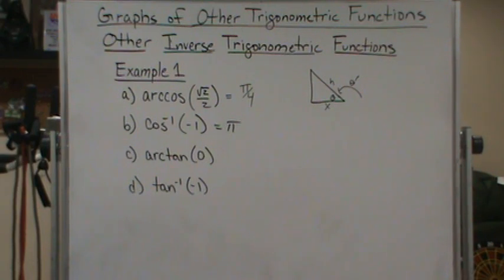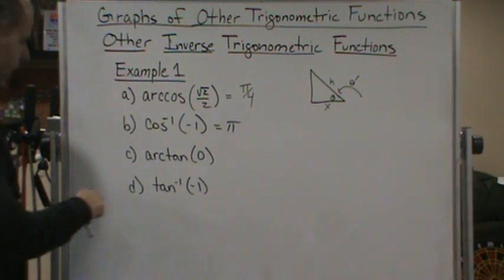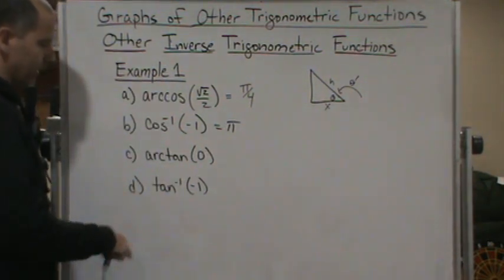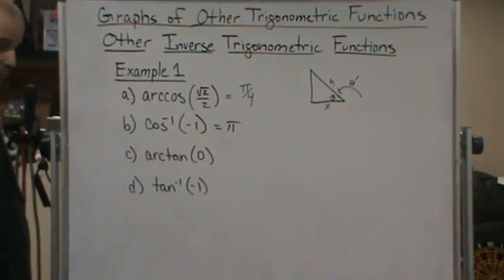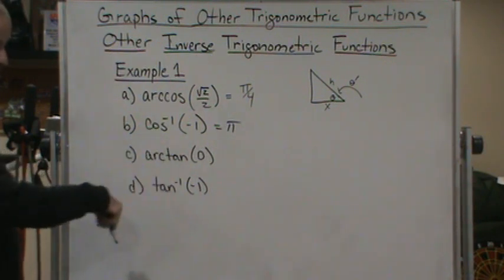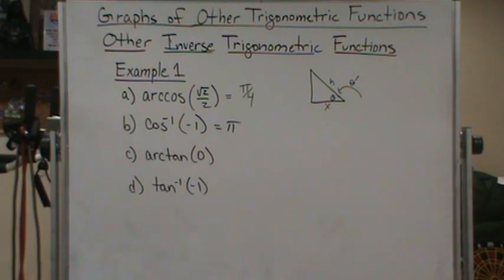Now, what about the next one? So arctan, right? So we're saying, the tangent of what angle is 0? Well, for C and D, the domain is all real numbers, so we don't have to worry about anything with the domain.